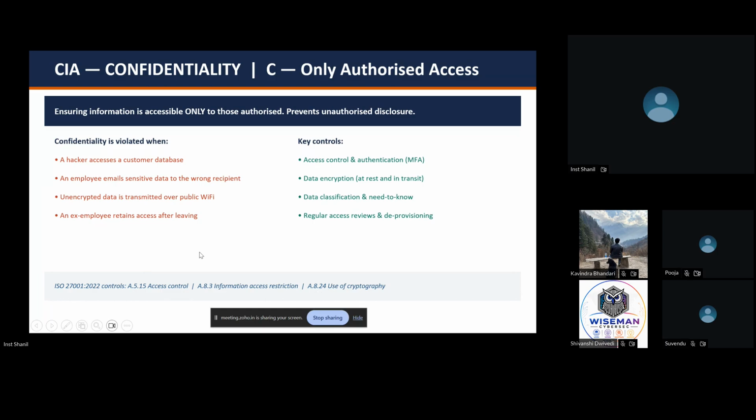Don't worry, we'll be sharing the ISO standard with you. Once we are completed with it, you can refer to it at any time. It lists down all the 93 controls which an organization wants to apply. Are these controls mandatory to remember? No, no, no. You can always refer to the standard for it, just for reference. And as I said, ISO provides open book examinations, so you can take the standard with you, and whatever questions are there, you can easily access the list of controls and answer the questions. Okay, fine.